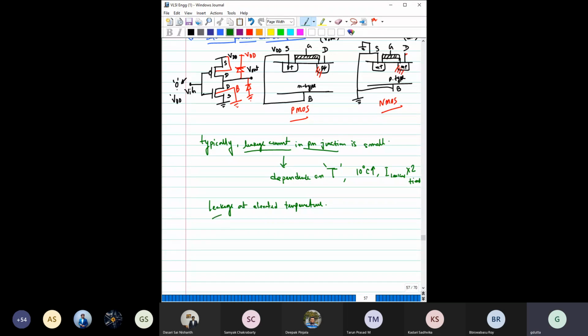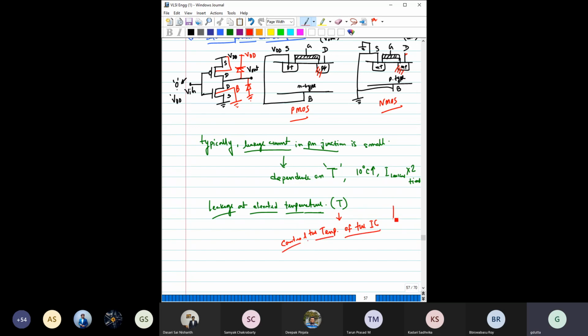That also gives you one idea that there is a certain requirement while you are making an IC, that you need to keep or control the temperature of the IC, right?